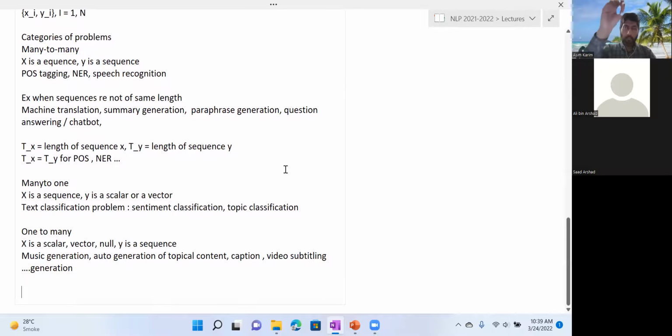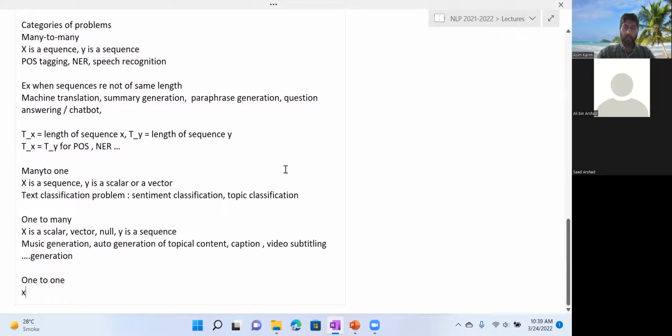And of course, if you want to complete this scenario, then you have one to one as well, but this is your standard neural network. For example, X is a vector, Y is a vector. So this is standard classification, you can say. So this is not a sequence modeling problem.